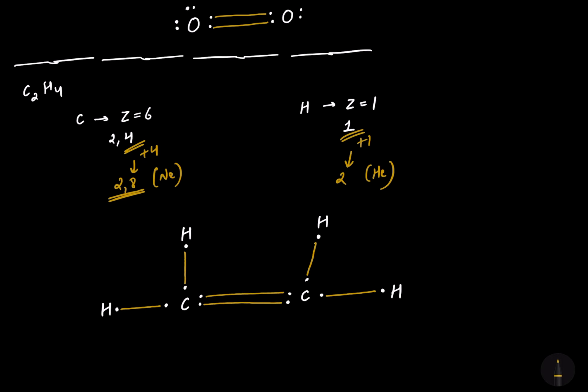So now let's count the number of outer electrons after sharing for carbon. That's the first electron, second, third, fourth, fifth, sixth, seventh, and the eighth electron. So the first carbon has achieved 8 electrons by forming single bonds with two hydrogens and a double bond with the other carbon.